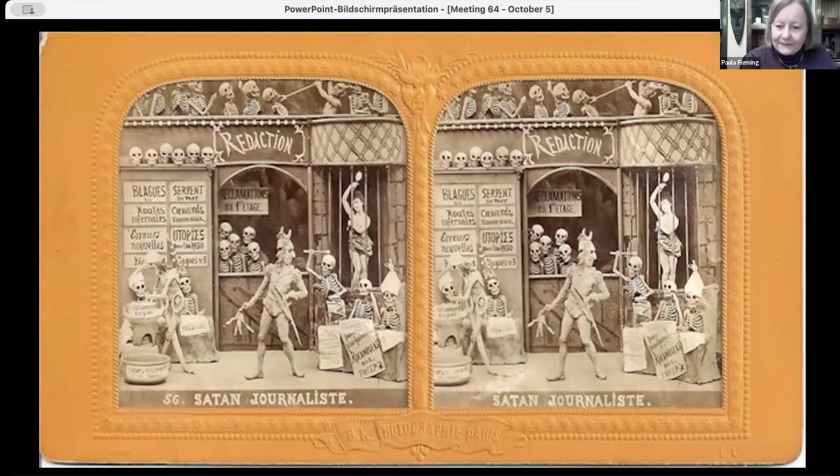Two papers to the left under the figure with the baton, and to the right of the devil, you see a long white rectangle. When you blow that up, it says Chronique, which was a satirical column that made comments on the news, kind of like our late night TV hosts are doing. The signs on the left, blag is lies.